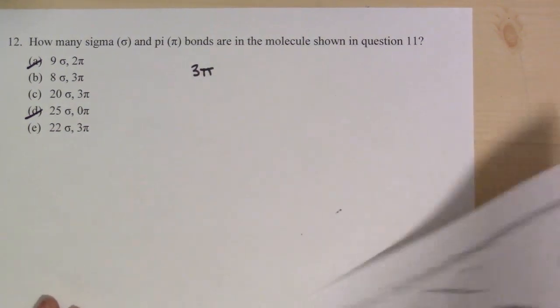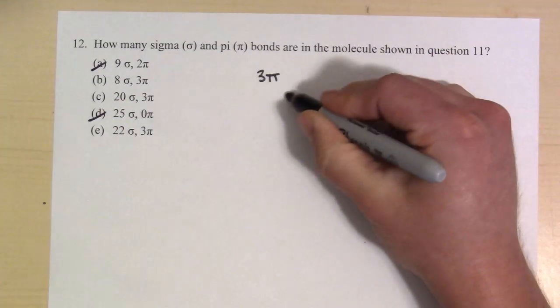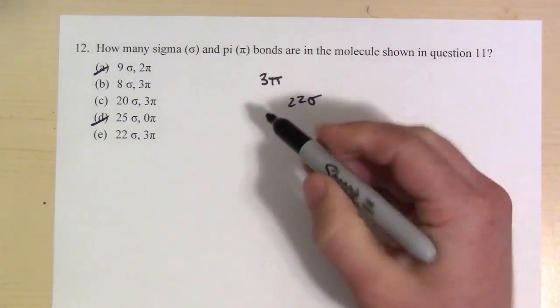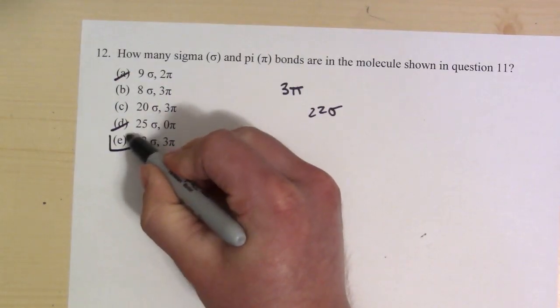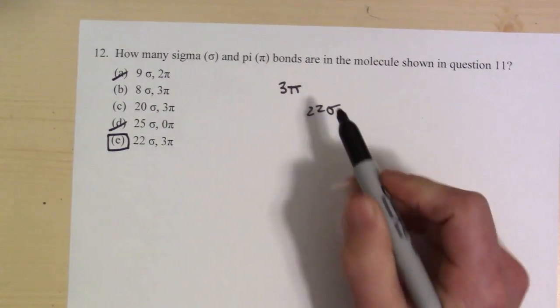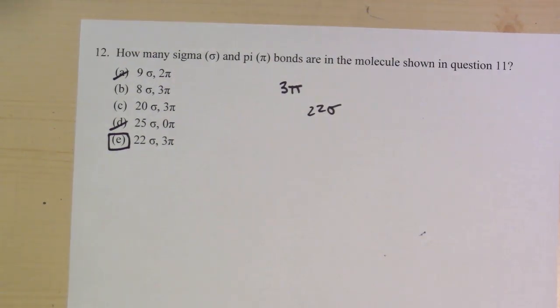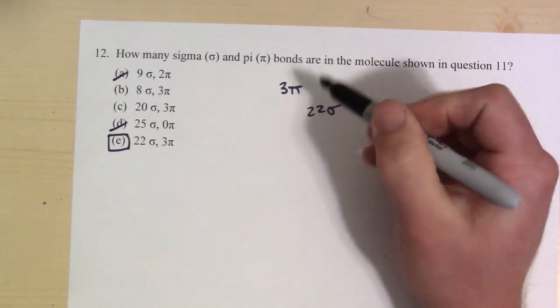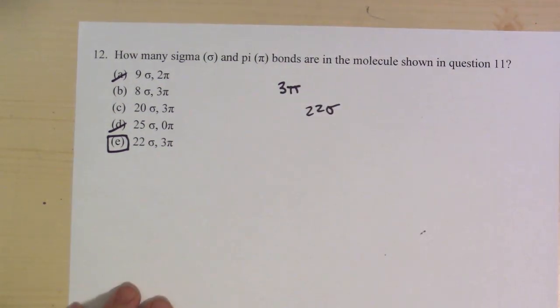So there should be 22 sigma bonds. That matches with answer choice E here. 22 sigma bonds, which is what we calculated from our structure, and 3 pi bonds, which is also what we counted as well. So those both match. So our answer here is E, 22 sigma and 3 pi bonds.